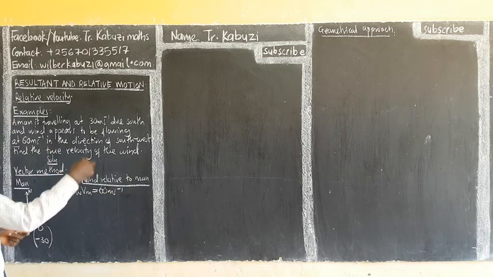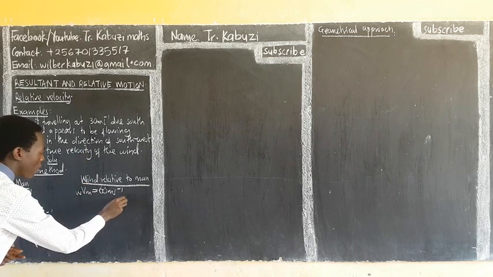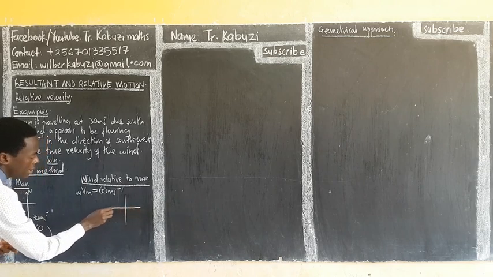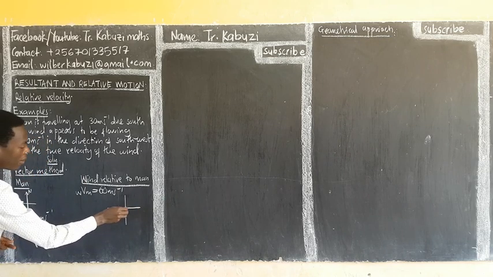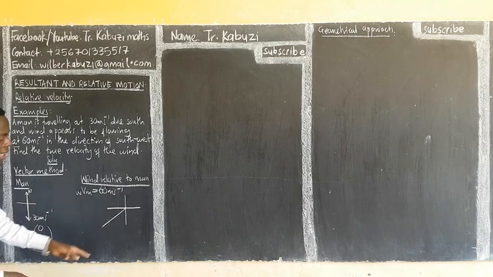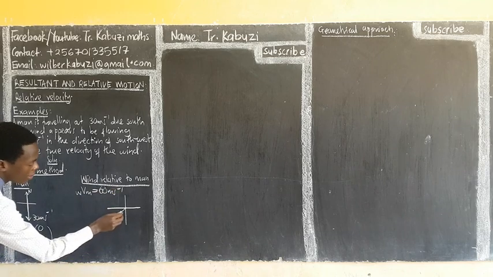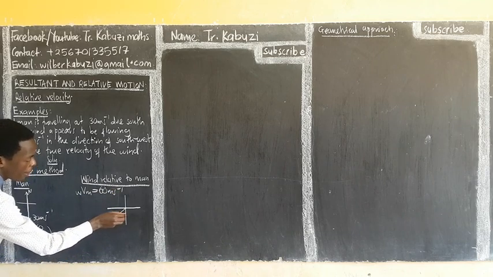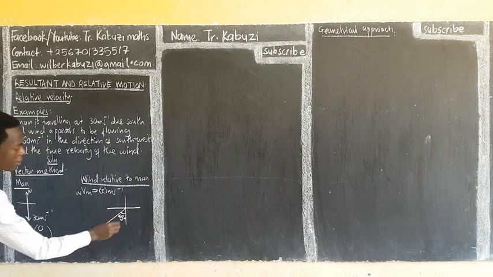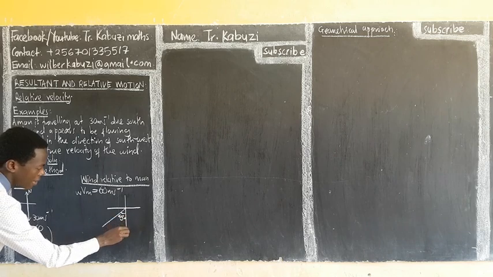So we draw our compass like that, southwest. Whenever you hear the word southwest, in simple terms, southwest is always 45 degrees. So you are free to put your 45 here or here. I'm interested in putting it here, 45 degrees.